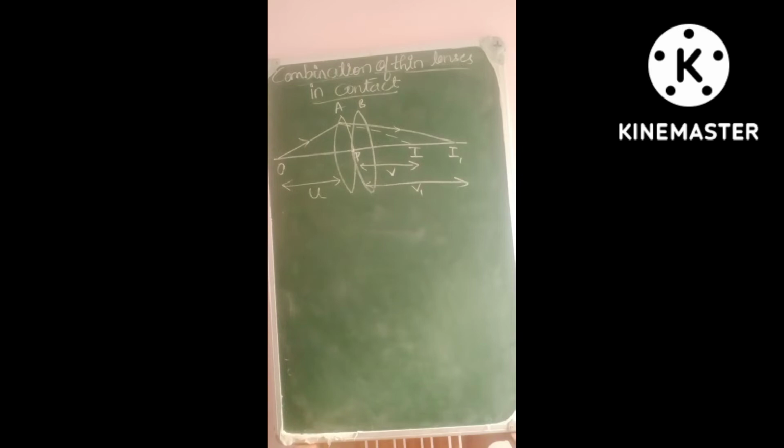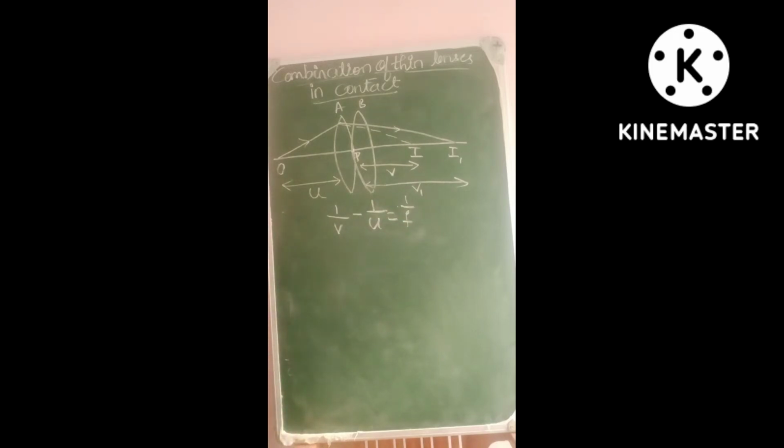Then for the image formed by the first lens, that is the image formed at the point I1, we can write the thin lens formula: 1 by V minus 1 by U is equal to 1 divided by F, where V is the image distance, U is the object distance, and F is the focal length.